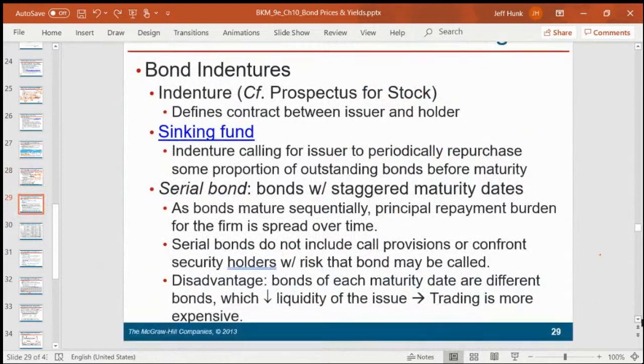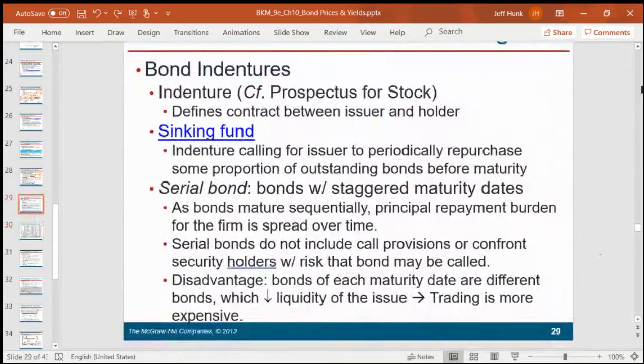And serial bonds. Of course, bonds come with serial numbers, but some bonds have staggered maturity dates for certain serial numbers. In that case, as the bond matures sequentially, the principal repayment burden for the firm is spread over time.